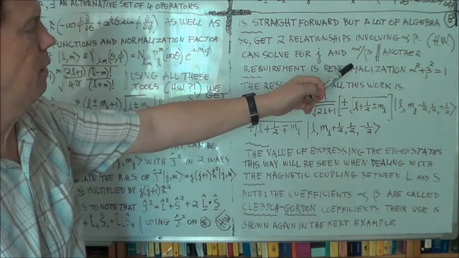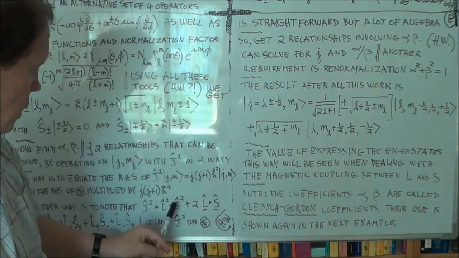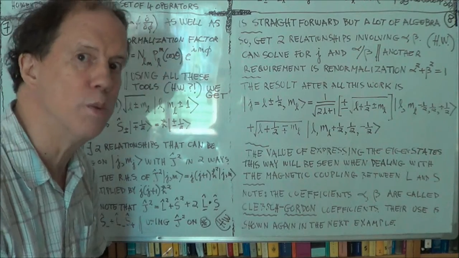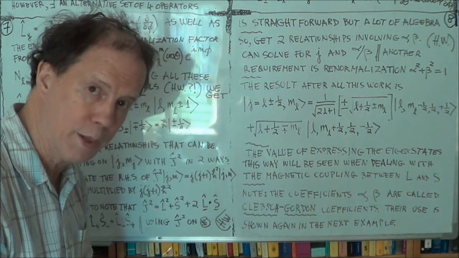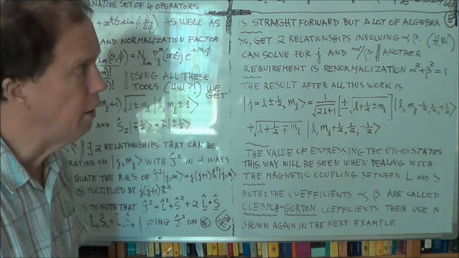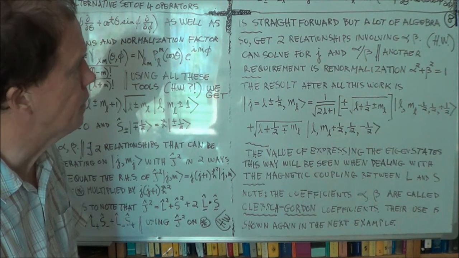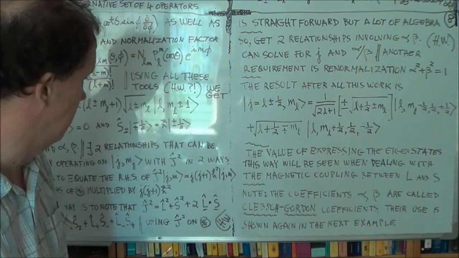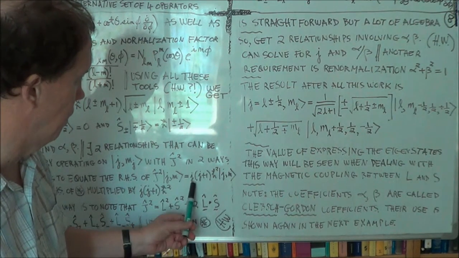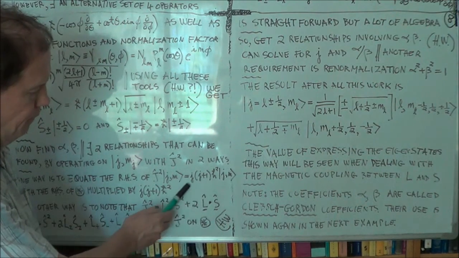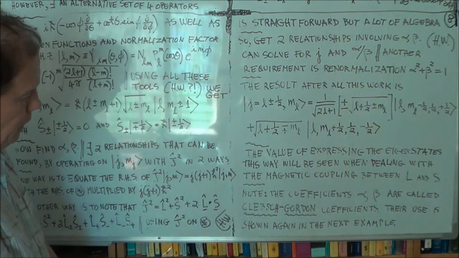We have another, with this J squared, and we have another involving alpha and beta, and that's the normalization condition, right? Alpha squared plus beta squared is 1. So you have two equations, and you got this one as well here with the J's in it.